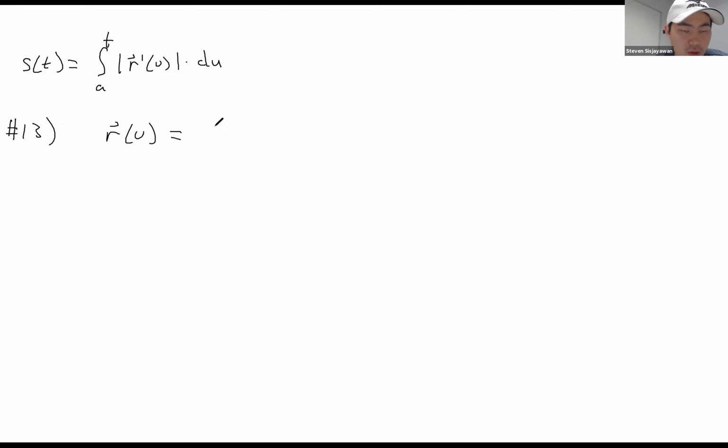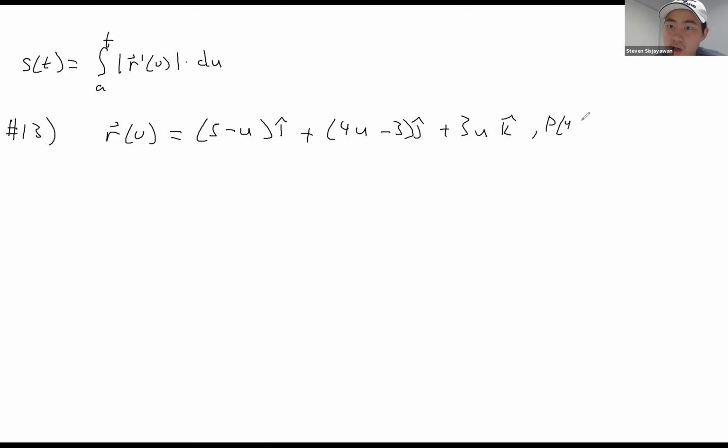r of u is equal to 5 minus u i hat plus 4u minus 3 j hat plus 3u k hat, and it gives us a point P (4, 1, 3). And we're trying to find the arc length function of r of u.